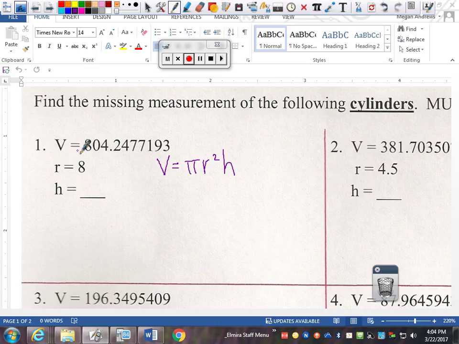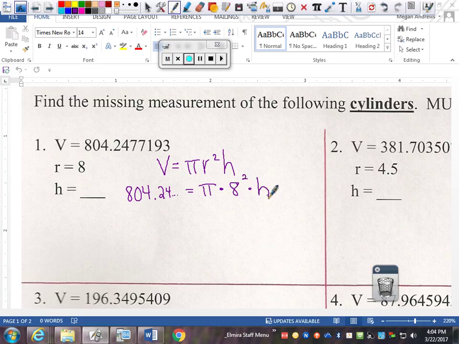Okay, so this volume is not a pretty number. Now, for those of you watching the video, you're going to get this little shortcut. If you want, you can type 804.24... instead of writing out that whole decimal, equals pi times r is 8 squared times h.